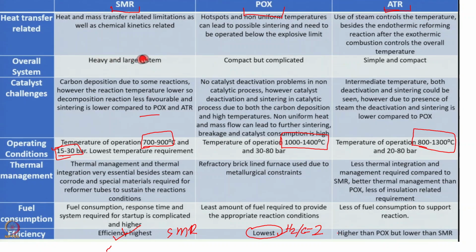And this is the medium one, for the ATR. The hydrogen to carbon monoxide ratio for that case is 2 to 2.5 or 3. Okay, this is very, very important. Whatever I am discussing, the ratio, temperature and pressure, these are the important things. You will get this type of questions in your examination.